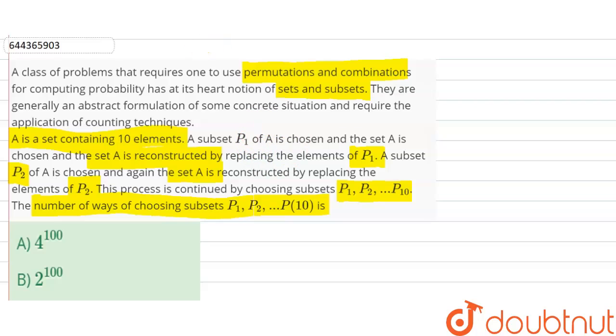Now if a subset P2 of A is chosen, then A will again be reconstructed by replacing the elements with P2. So this process will be continued by choosing subsets P1, P2, till P10. We have to find the number of ways of choosing subsets P1, P2 up to P10. Let's see the solution for this question.